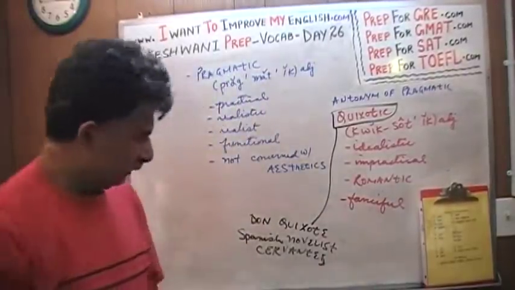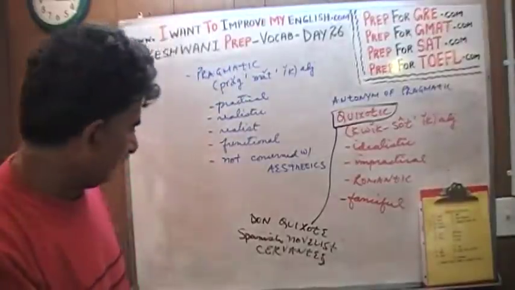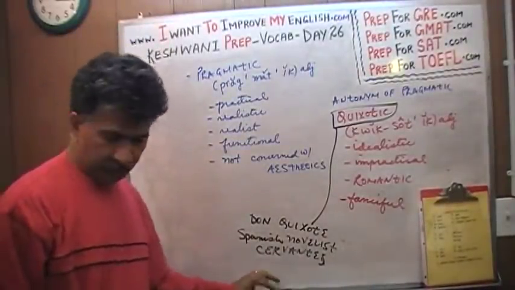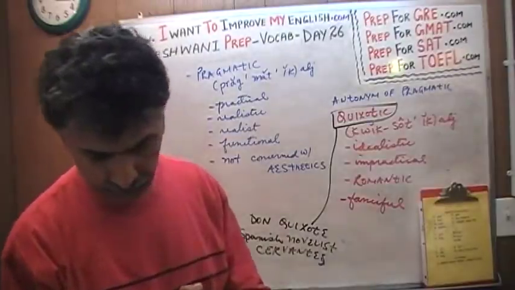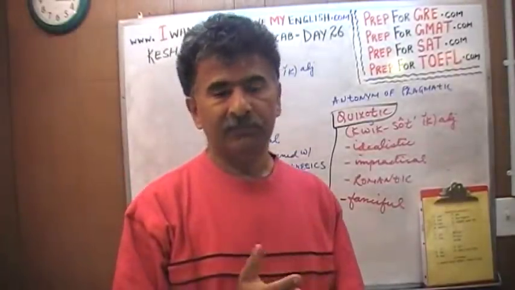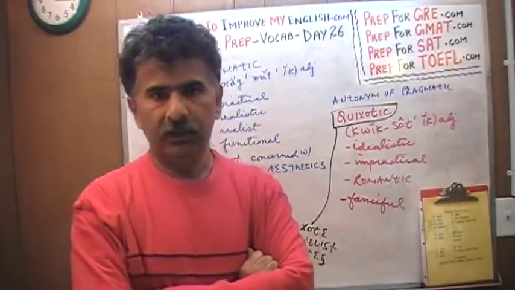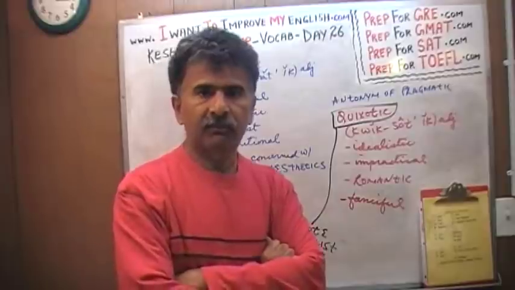I don't know why I'm going into so much detail, but anyway, this hero of his novel Don Quixote was an idealist. He was a romantic. He was fanciful, and he imagined himself to be a knight.